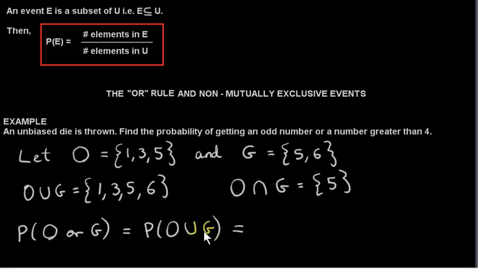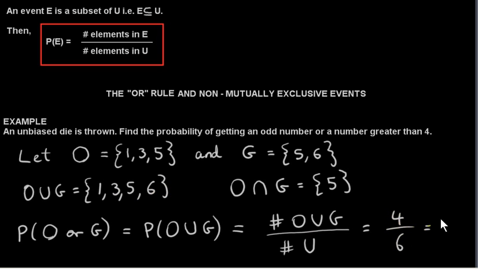Anyway, the probability of O union with G is the number of elements in O union with G. We're just following our rule, and we divide that by the number of elements in U. So we have 1, 2, 3, 4 elements in O union with G, and we know we have 6 elements in U, so we get 2/3. We can see here that events O and G are not mutually exclusive. If event O occurs, so if an outcome of a trial is event O, that means either a 1, a 3, or a 5 appears on the die.